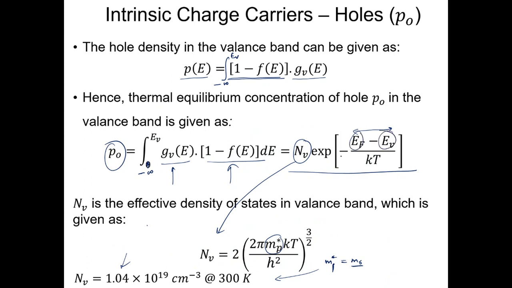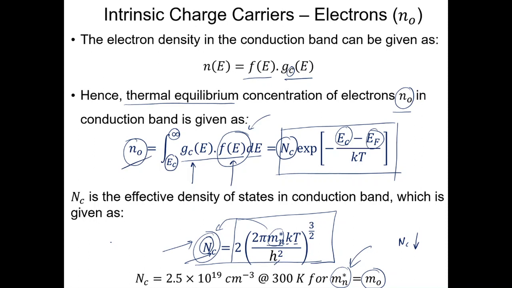As you can see, the electron concentration will be maximum when the EC and EF gap is 0. So if I plot here, if this is EC and this is EF and somewhere here is EV, if this gap is 0 then the electron concentration in the conduction band will be maximum.